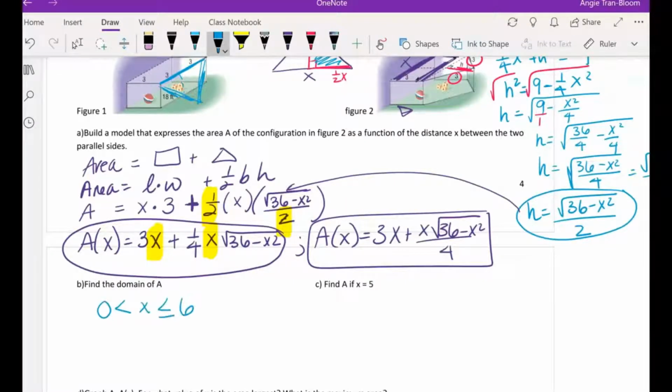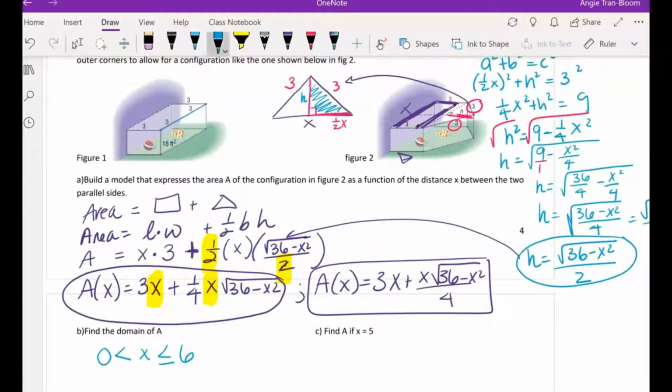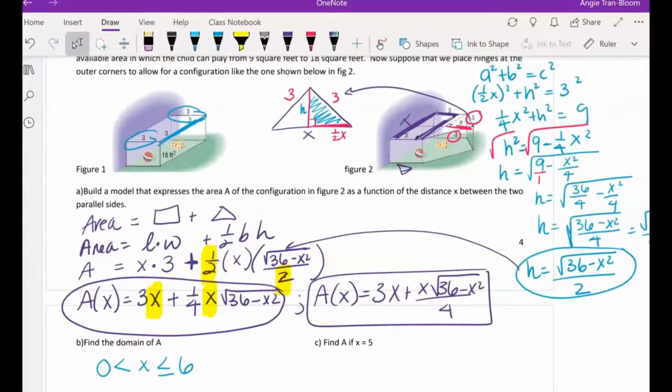Now why is it that it can be 6? Why is 6 inclusive? 6 is inclusive because if I have this x value being 6, then I'm just back to my original shape of a rectangle. Now if I move it, remember this is movable. These sides are movable, so you're kind of pushing it in so that way you can connect this.